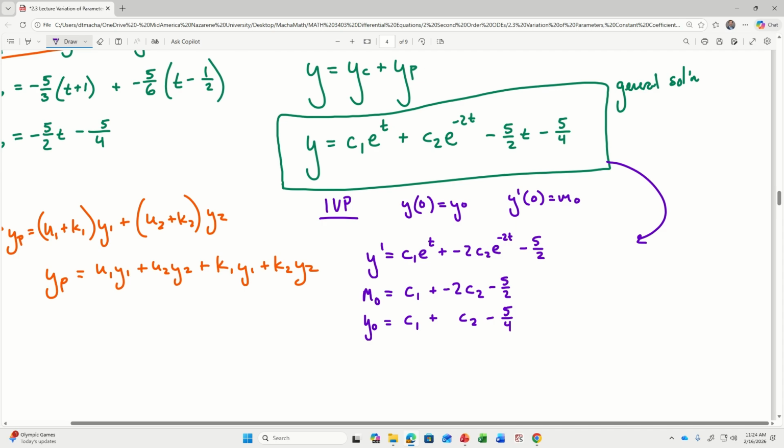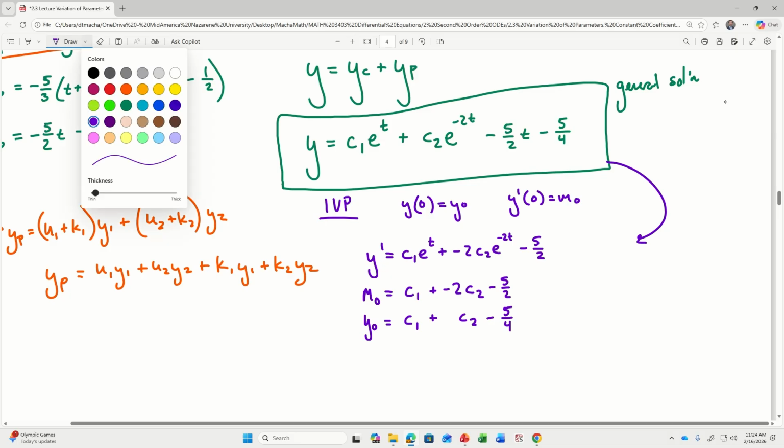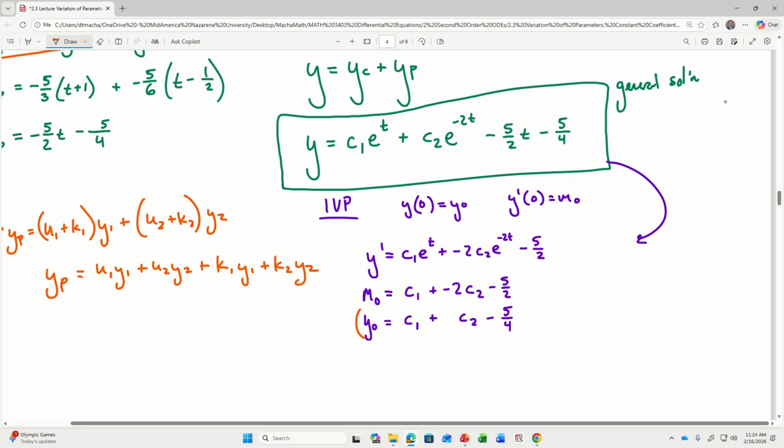And now we've got a system of two equations with two unknowns. And the unknowns I'm trying to solve for are c1 and c2. And so I could subtract the second equation from the first. And on the left side, we'll get m0 minus y0 equals negative 3c2. And the negative 5 halves plus 5 fourths would be negative 5 fourths.